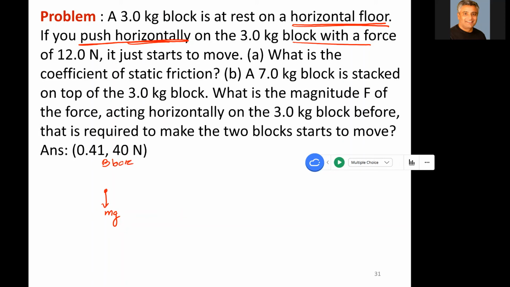It's on a horizontal floor, so weight is down, normal force is up. And there is this horizontal push force, let's call it F, just like we talked about. But what it says is that it just starts to move. That means it's not already moving, it just starts to move. That's a key phrase for maximum static force.